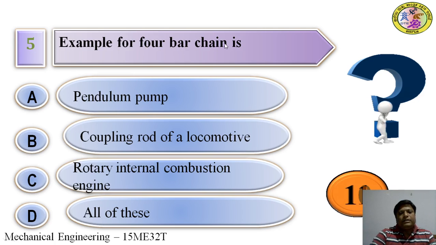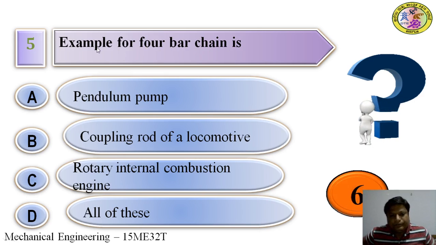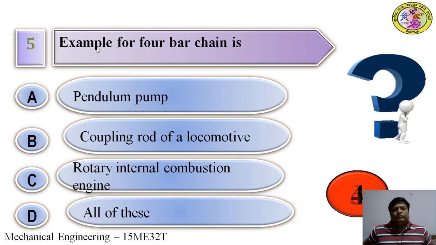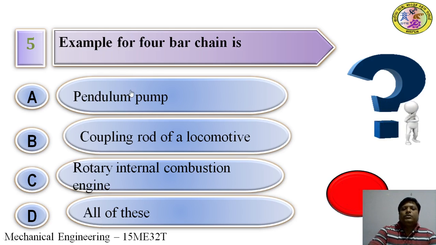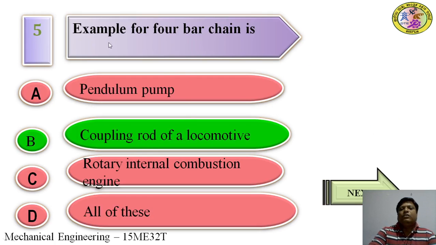Everything here consists of 4 links, but in a 4-bar chain all 4 pairs are turning pairs. So the coupling rod of a locomotive is the right answer.